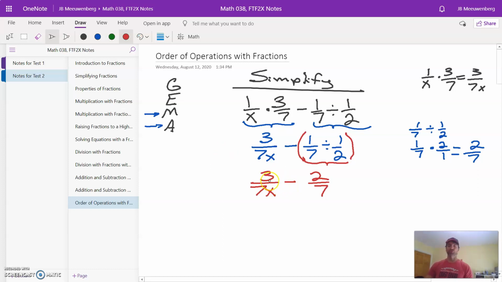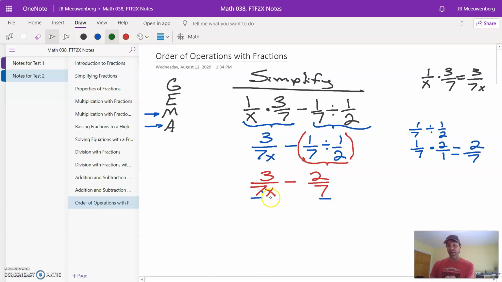So now it's subtraction. Think subtraction with fractions. The denominators must be the same. They're not the same right now. So I'm looking at this first fraction, and I think, well, this has a 7 and an x. 7 times x. This one has a 7. These factors are the same.